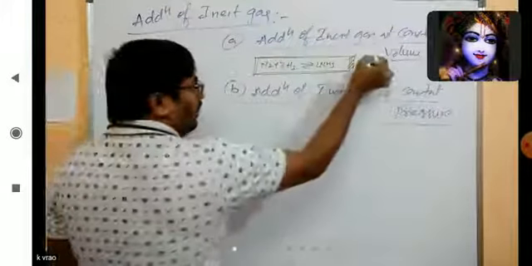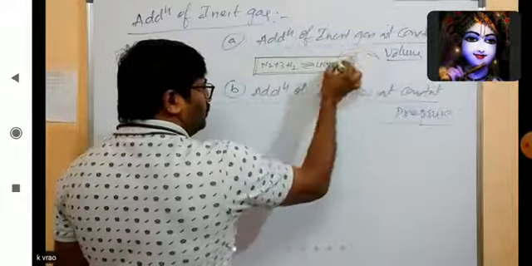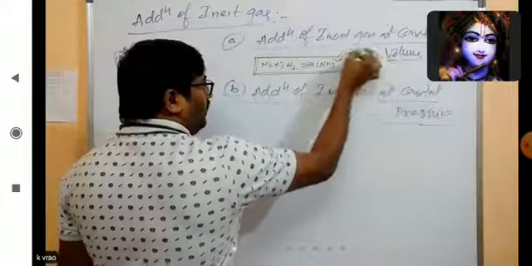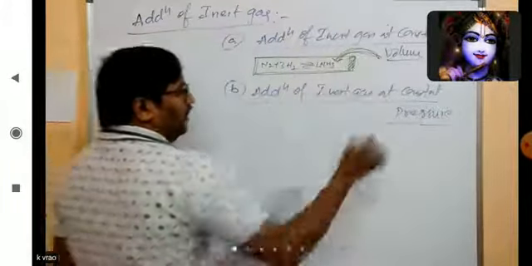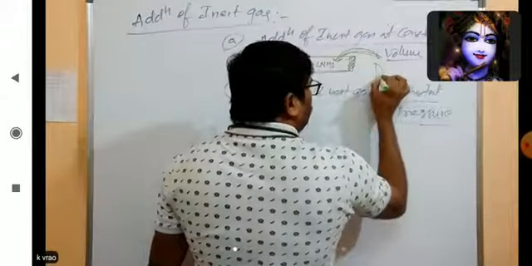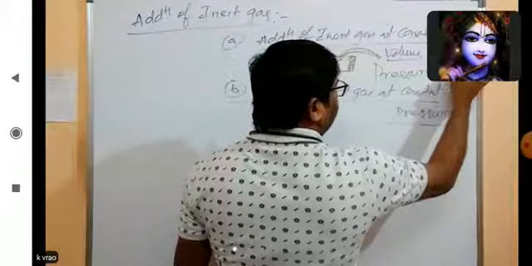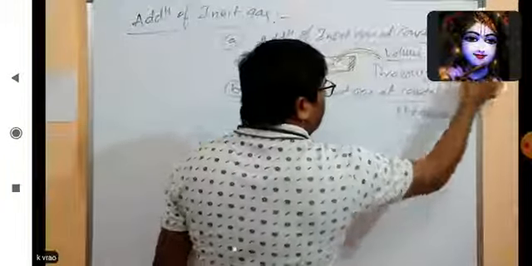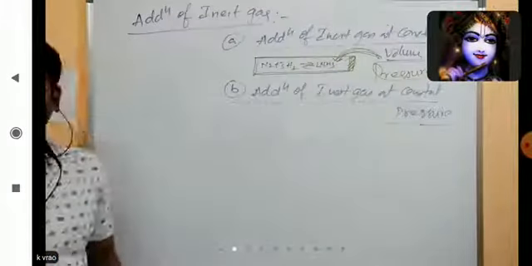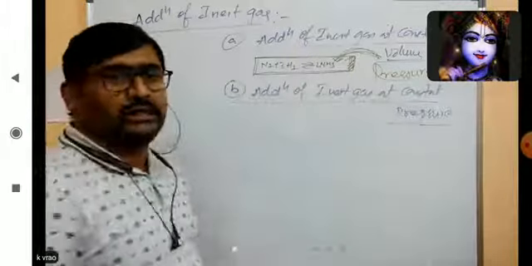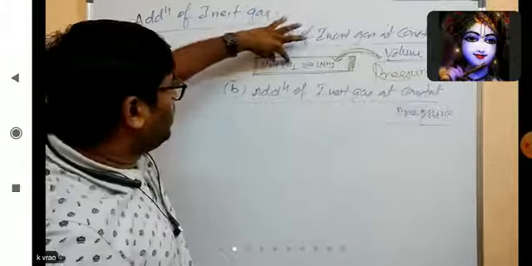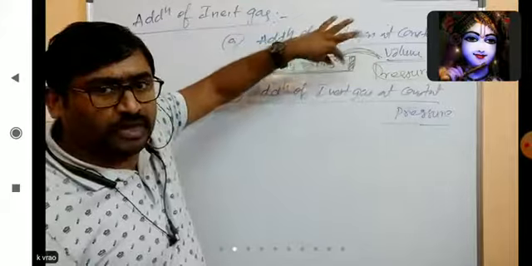If I add inert gas from an outer source to this reaction container, only the pressure of the system is increased, and there is no change in the partial pressure of the reactants and the partial pressure of the products.